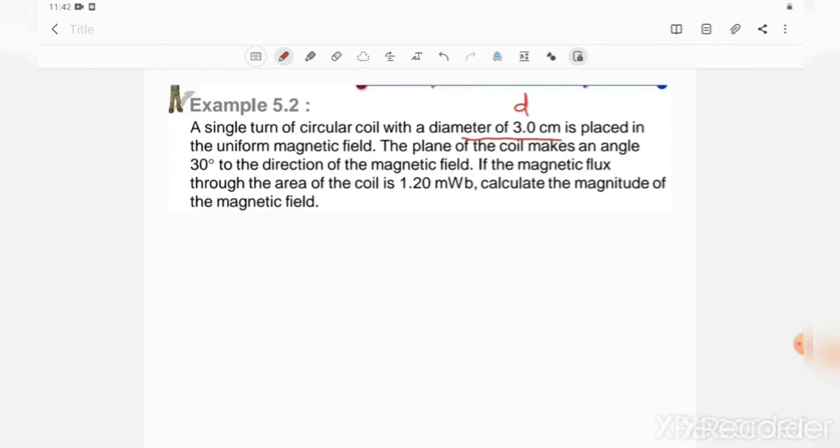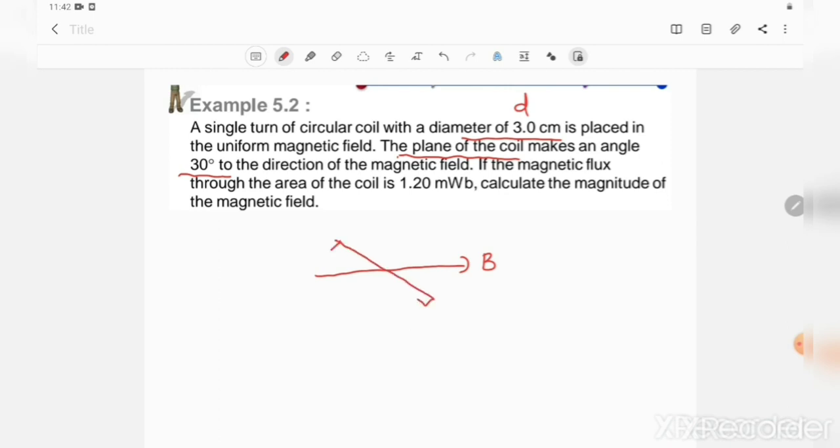First, we have to illustrate the position of the plane with respect to the direction of the magnetic field. First, we sketch the direction of magnetic field B, and from the statement given, the plane of the coil is 30 degrees to the magnetic field.